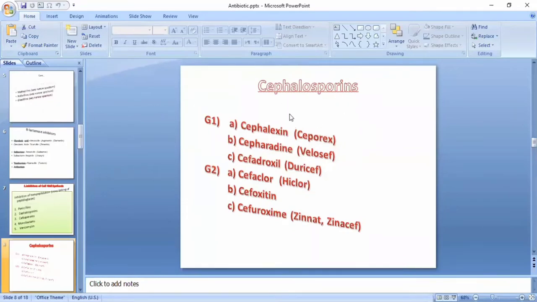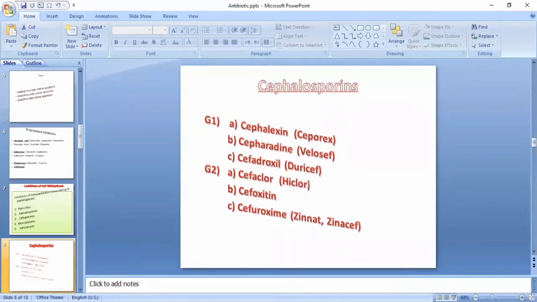Now, the classification of the cephalosporins is by generation. The first generation cephalosporins are these, and you people will be familiar with these drugs. Ceporex, Velosafe, Durisafe, these are the trade names you might have come across. So cephalexin, Ceporex; cefradine, Velosafe; cefadroxil, Durisafe.